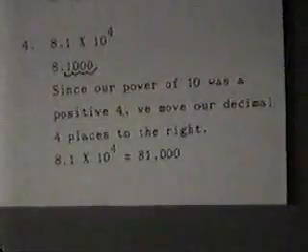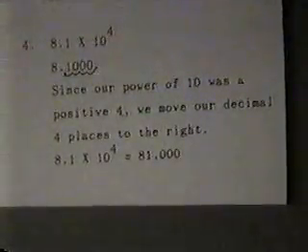Now again, keep in mind the little shortcut concept I gave you. If this power is a positive 4, then the number is going to be big. It's going to be larger than 10. So it's got to be 81,000, not 0.00081. If it's a positive power, it's going to be a large number.